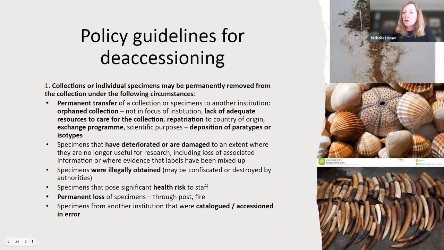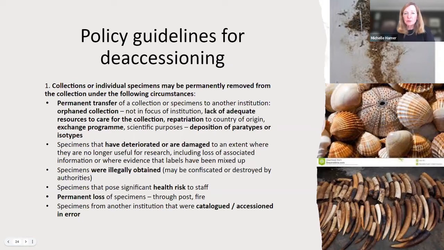And then what about permanent loss of specimens? Often, not often, but it has happened. Specimens that were going out on loan or coming back from loan disappeared, even from courier services, gone. Or there was a fire and the specimens are burned. So that's a de-accessioning process.